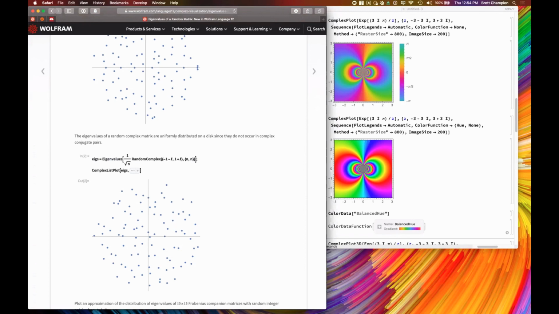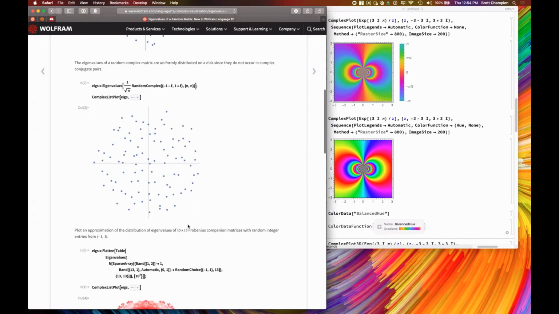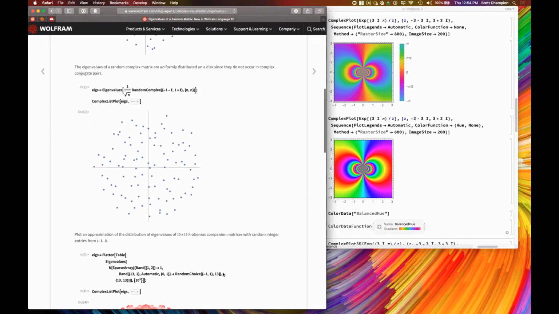And so we're going to look at random 13 by 13 Frobenius matrices whose entries are random integers from -1 to 1.